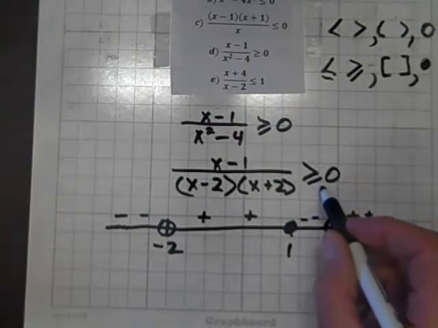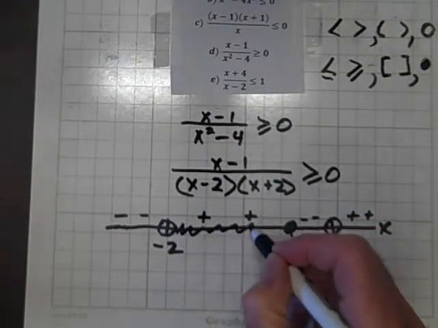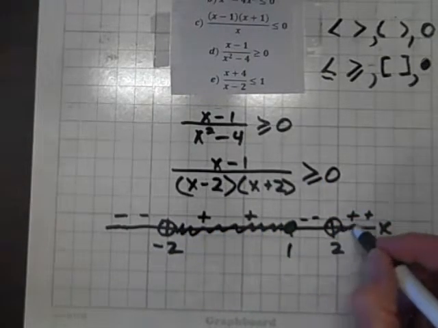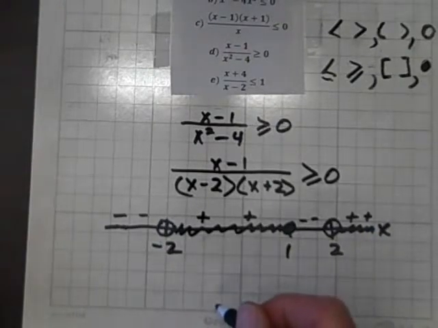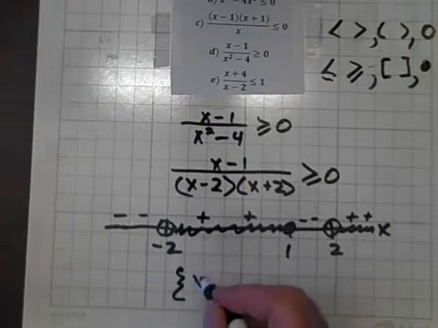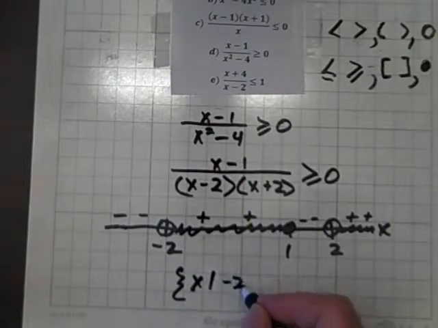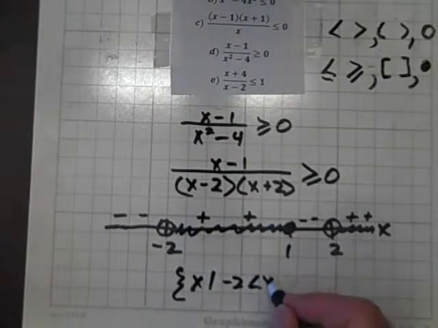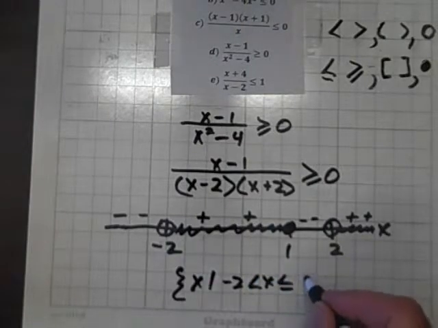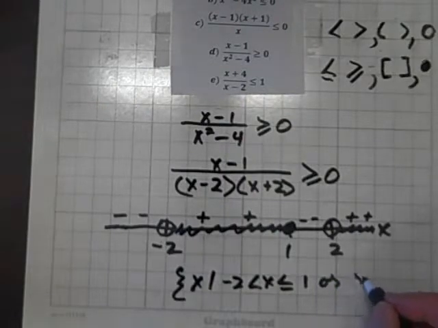Now we want greater than or equal to 0, so we'll shade the intervals associated with the plus signs, and we're ready to state solutions. In set builder notation we have x such that negative 2 is less than x, which is less than or equal to 1, or x is greater than 2.